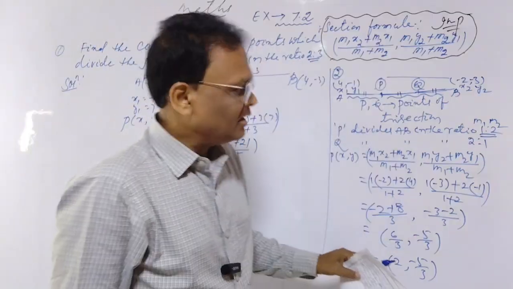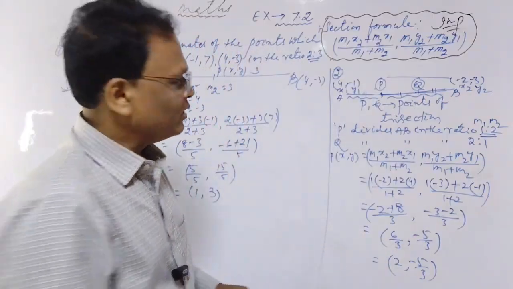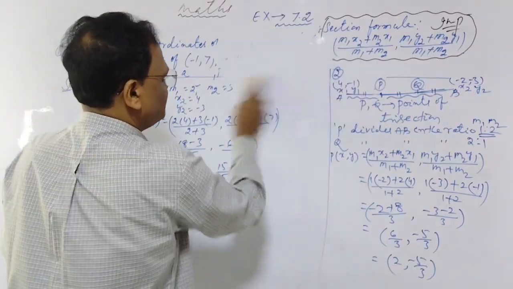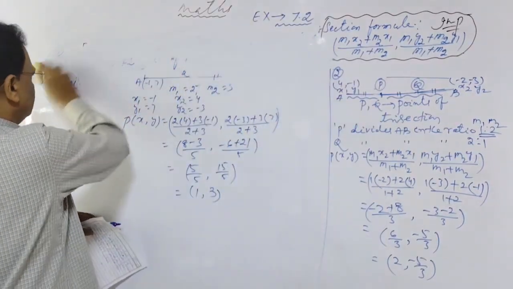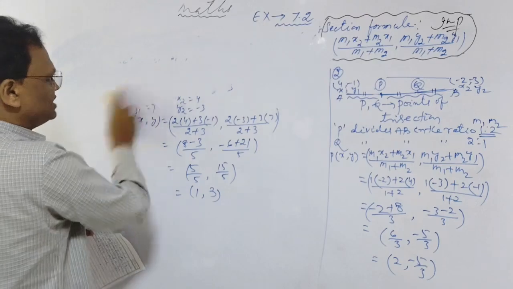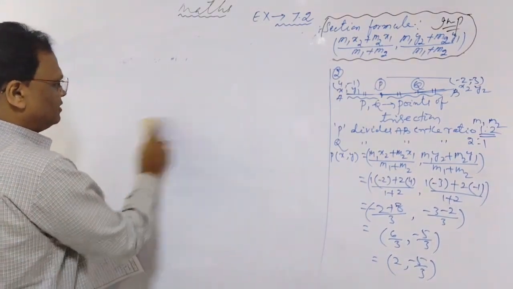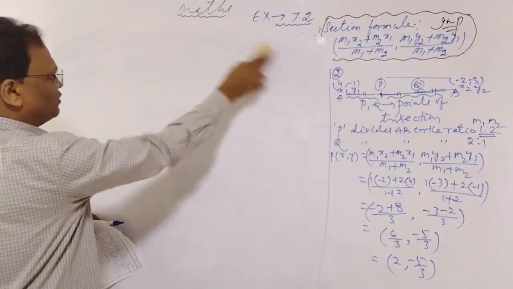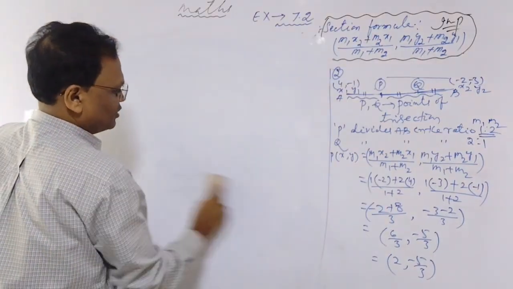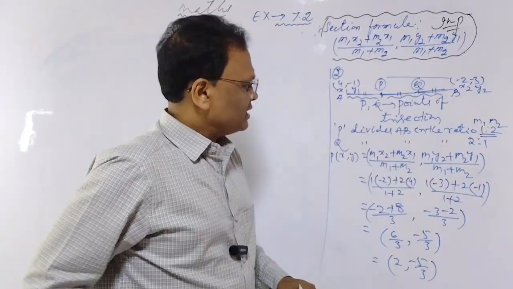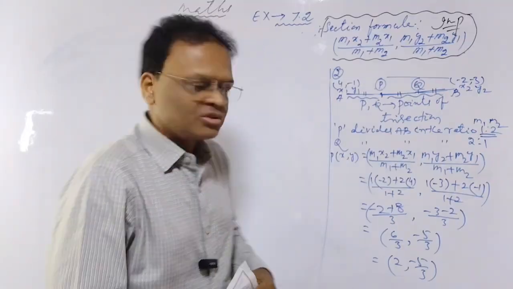Now in the similar way I have to find the coordinates of Q. So let me find the coordinates of Q by using the same formula. First point's coordinates I got. Now I'll find the coordinates of the second point of trisection. In the second case exactly the same formula I have to use.